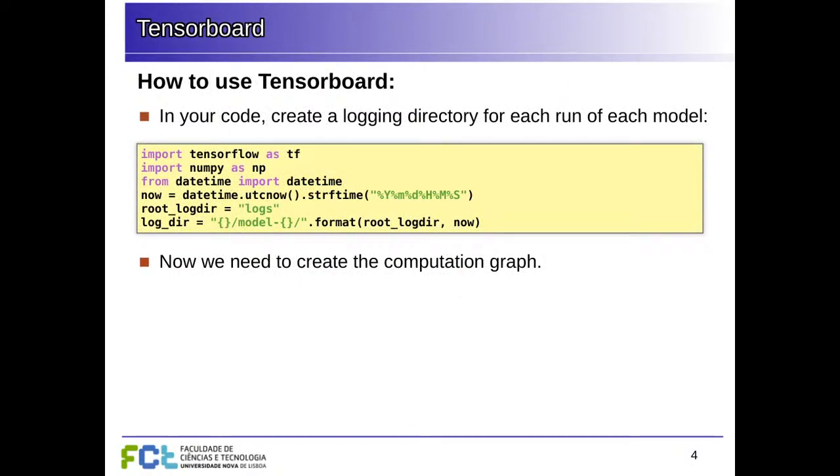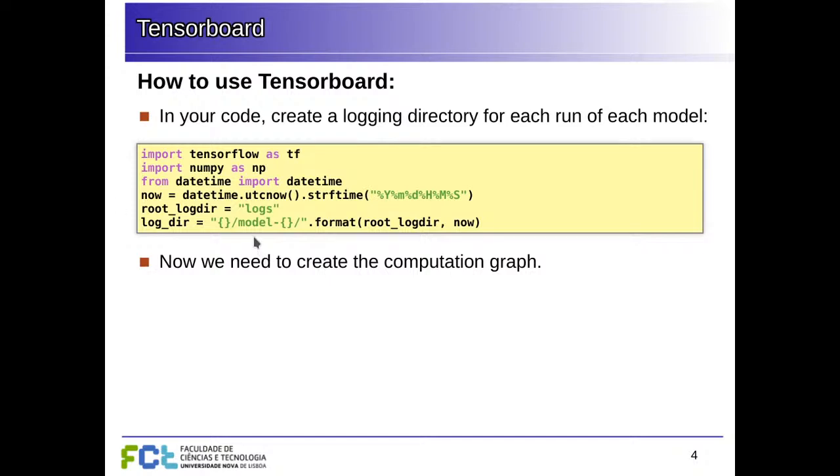And the idea here is that you create a folder where you're going to keep the logs for your model during training. And TensorBoard will look at that folder and give you all the different logs that are there. And the convention is that each particular model or each particular run of a model should have its own folder.